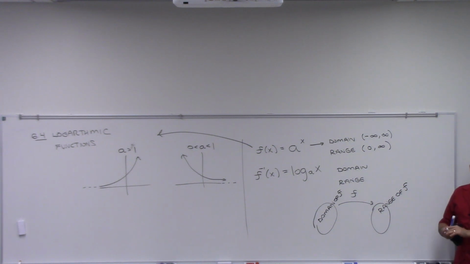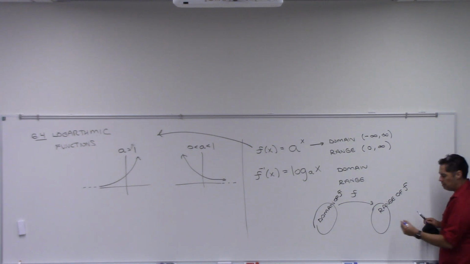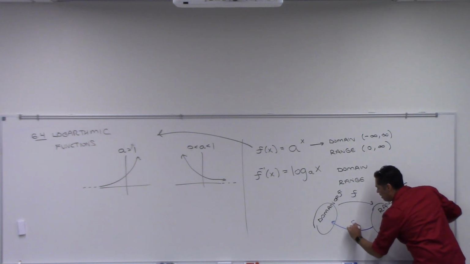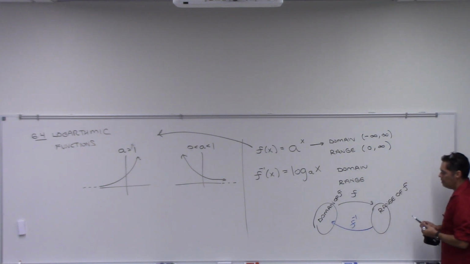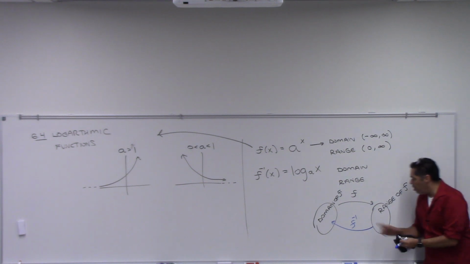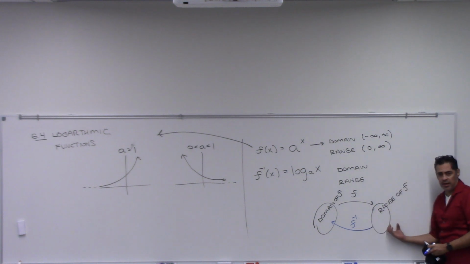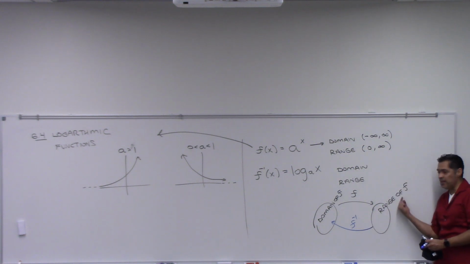Where's the inverse function on this picture? Well, it's the one that sends these back, right? The inverse sends these back. So what is the domain of this function? It's the stuff over here, isn't it? Which is actually the range of the f function.